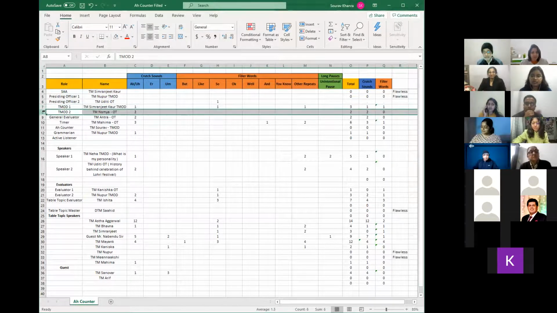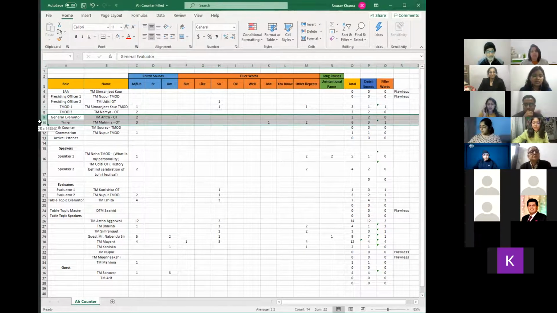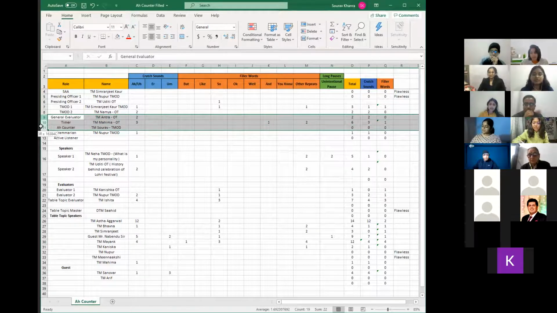Toastmaster Namya took 2 filler words, 2 crutch words. Toastmaster Antra took 2 filler words, 2 crutch words. Mahima took 6 filler words and 3 crutch words. I am not able to evaluate myself.